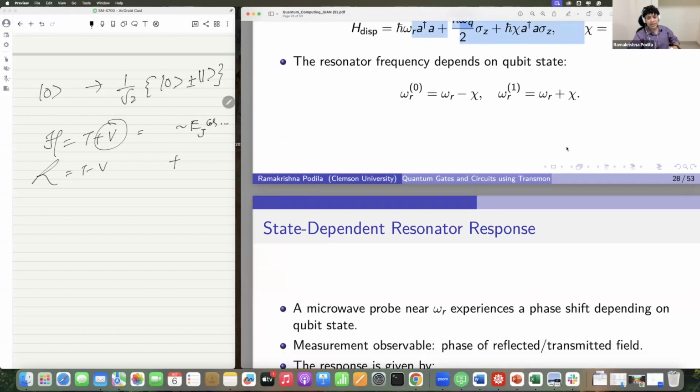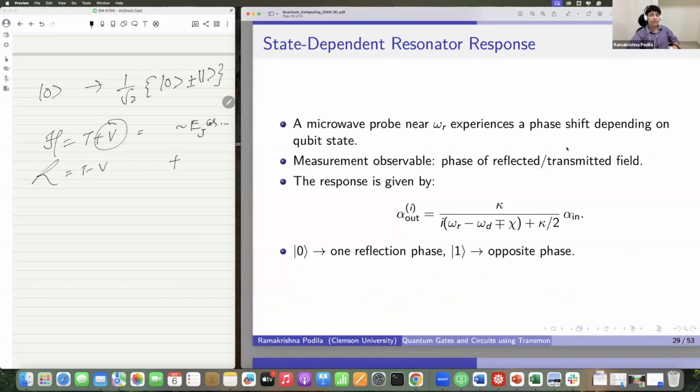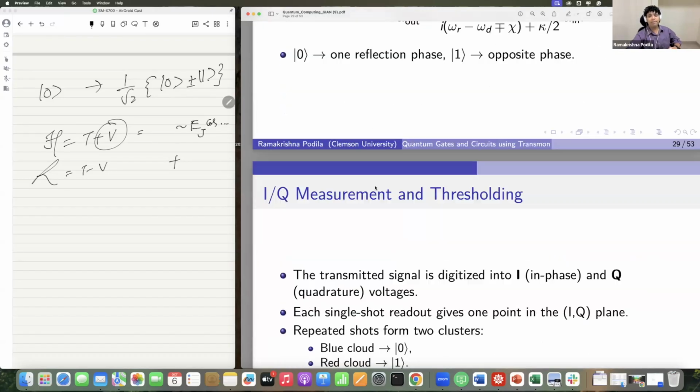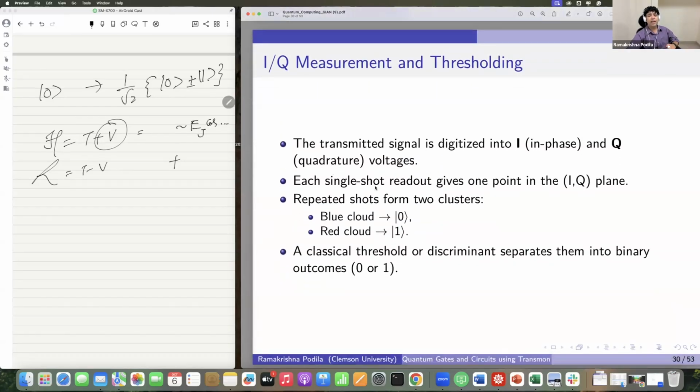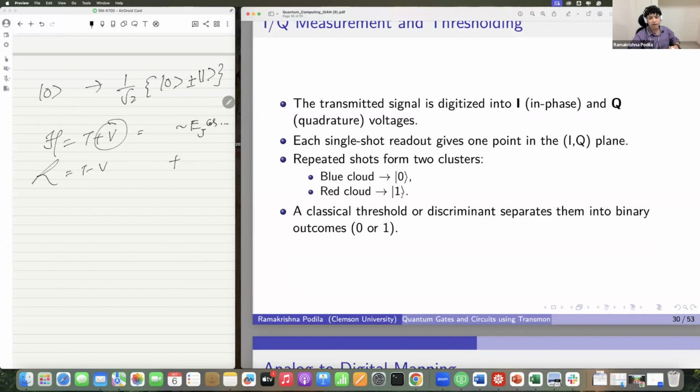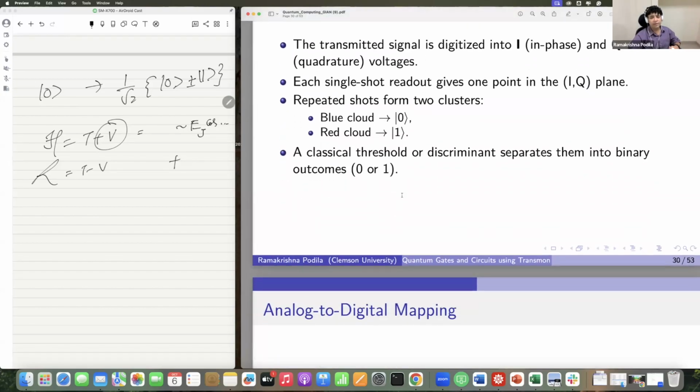So you get a state dependent response on omega r. When you have 0, you get one way. When you have 1, you get the other way. So that's how we measure the qubits, and the transmitted signal is then digitized, and that's how we get whatever we get, 0 and 1, right?